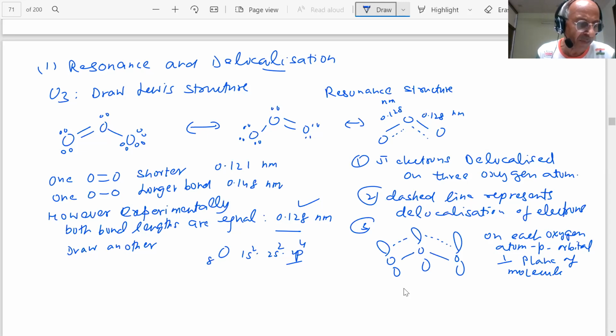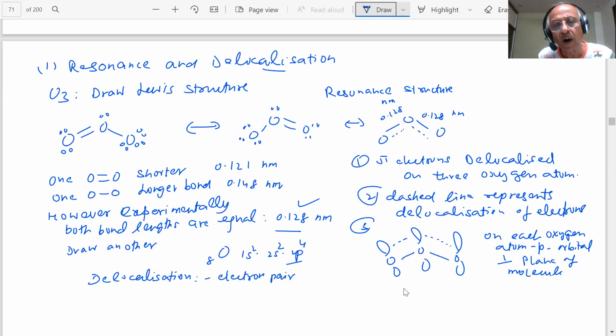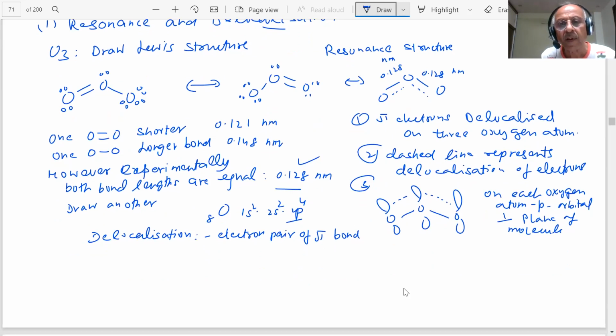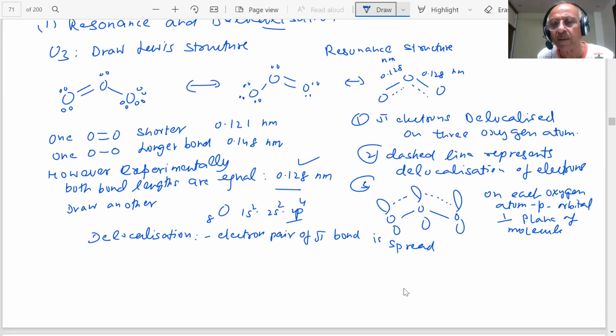So the electron pair of the pi bond is spread. What do you mean by delocalization? The electron pair of the pi bond is spread over how many atoms?